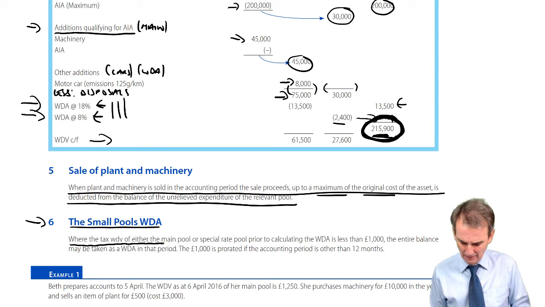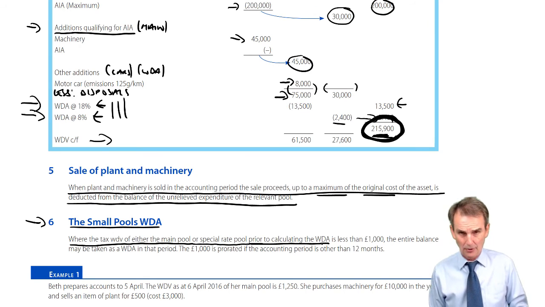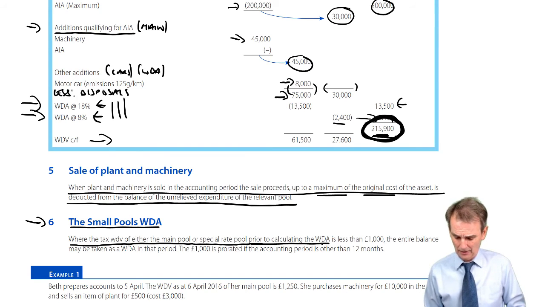Where the tax written down value of either the main or the special rate pool prior to calculating the WDA, so after you've deducted disposals, if that figure for either of the two pools is less than £1,000, then the entire balance may be taken as a writing down allowance in that period.